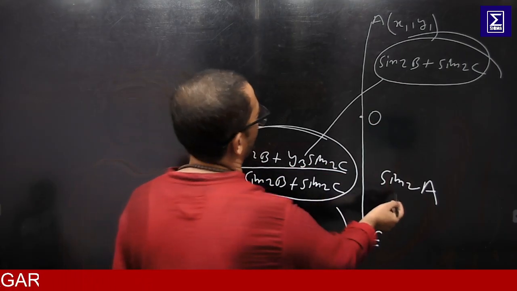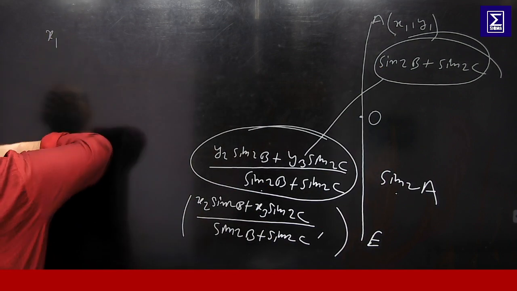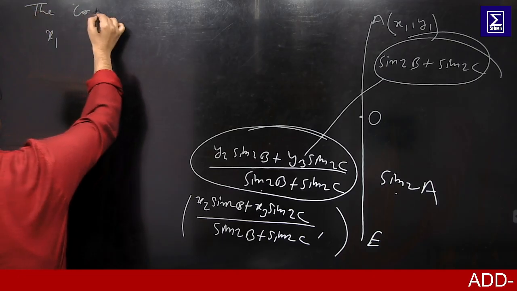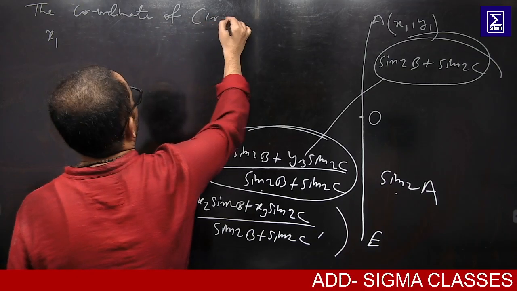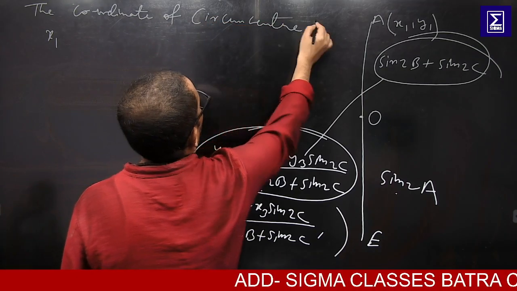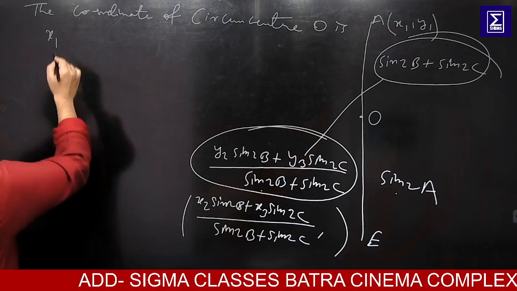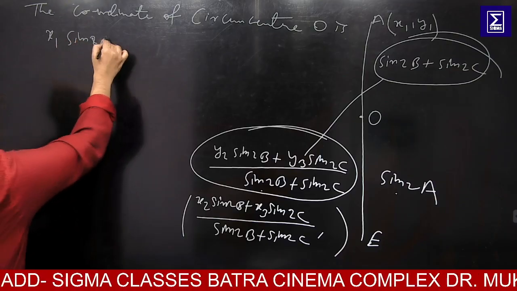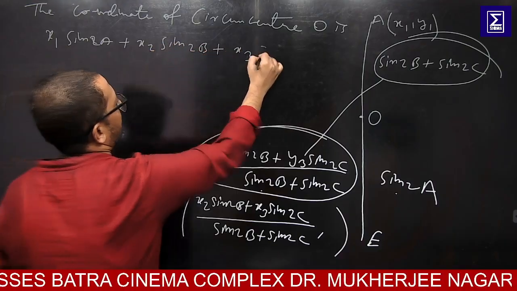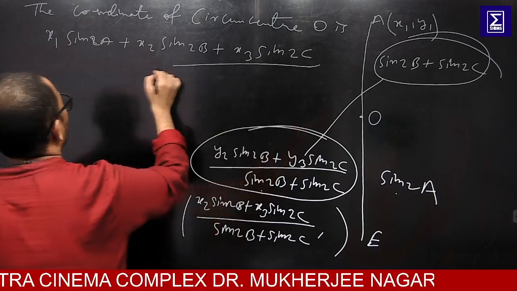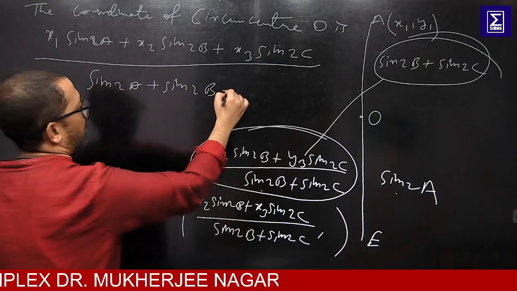And this one you have to multiply with x1. So the coordinate of circumcenter O is x1 sin 2A plus x2 sin 2B plus x3 sin 2C upon sin 2A plus sin 2B plus sin 2C.